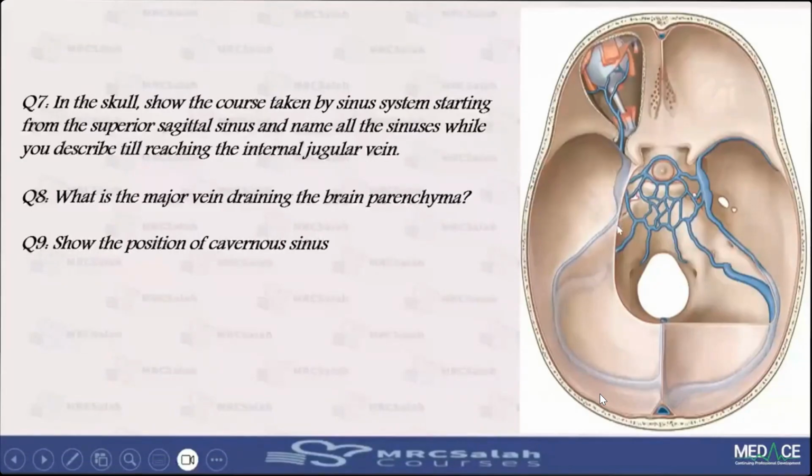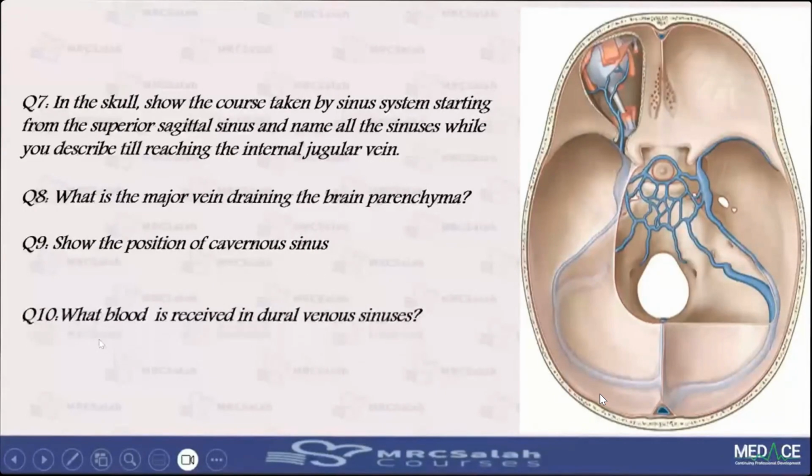Describe where it lies. I think it lies in the middle fossa. Yes, on both sides at the greater wing of the sphenoid, just lateral to the area of the diaphragma sellae, lateral to it on both sides.